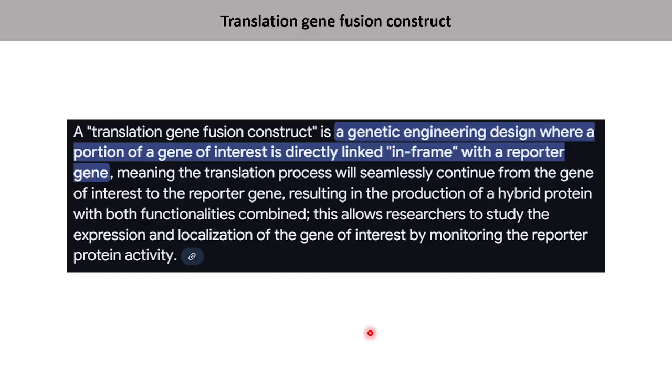So, if you're trying to understand whether a gene is getting expressed, reporter genes are basically those kinds of genes whose physical trait is visible. For example, green fluorescent protein, GFP.